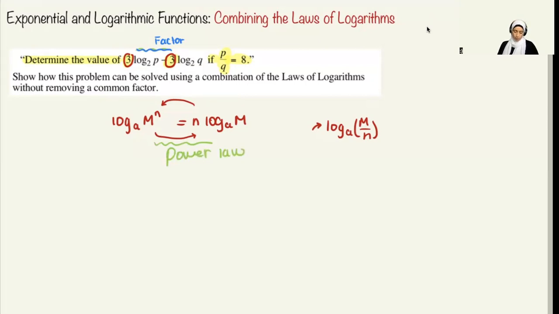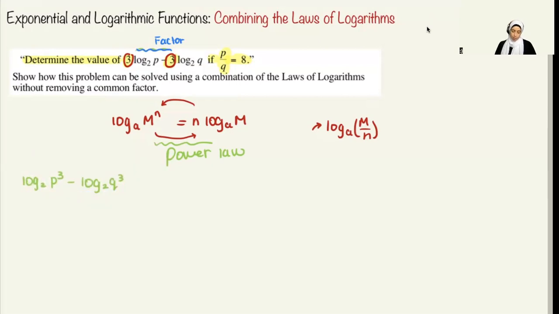So if I bring that 3 up there, then I'll go log base 2 of p to the 3 minus log base 2 of q to the 3. Okay, let me move that a little bit lower or a little bit to the side. That's not interfering.